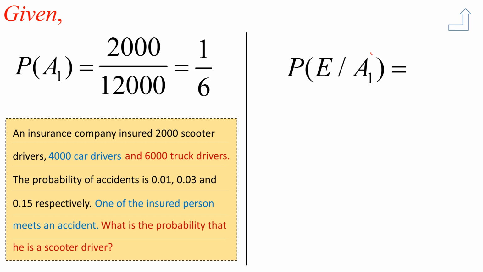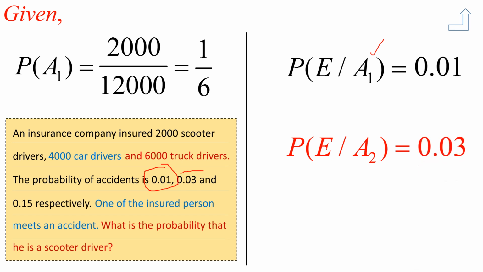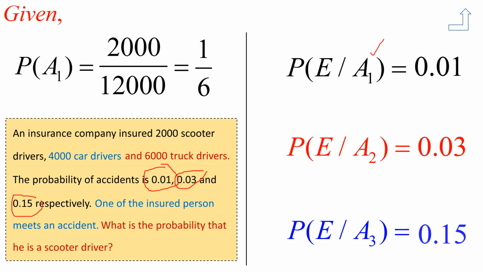So this simply means, what is the chance that an accident will be met by a scooter driver? And you know that here we have been given 0.01. Similarly, what is the chance that an accident will be met by a car driver? Of course, 0.03. And what is the chance that an accident will be met by a truck driver? So we know 0.15.